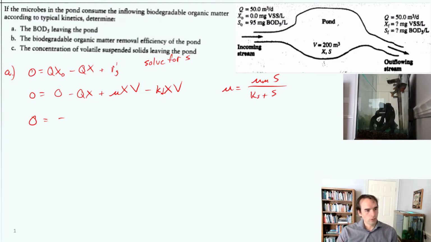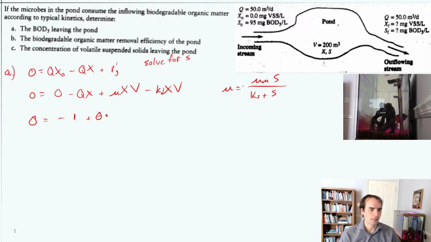So V over Q is theta. So Q over Q times X over X is 1. So this is negative 1 plus mu. I'm going to substitute that in a moment. V over Q is theta, and X divided by X is 1.